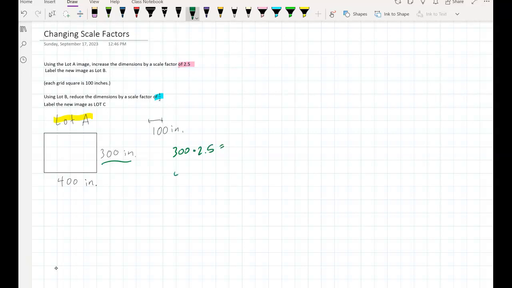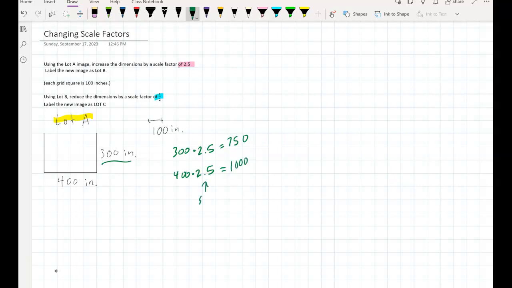And then of course 400 times 2.5, because they both have to be increased by the same scale factor. What would those two dimensions be? Use your calculator and find out. Now, I'm sure that while you were on your calculator, you figured out that 300 times the scale factor of 2.5 is 750, and 400 times the scale factor of 2.5 is 1,000.